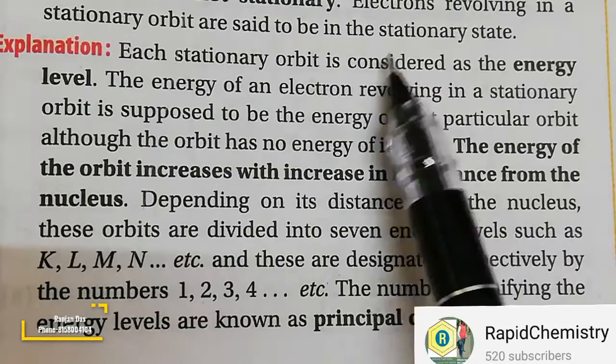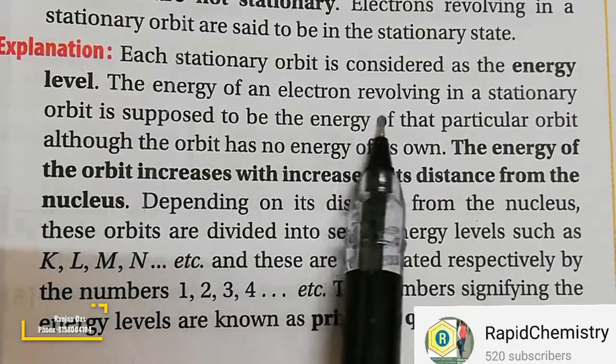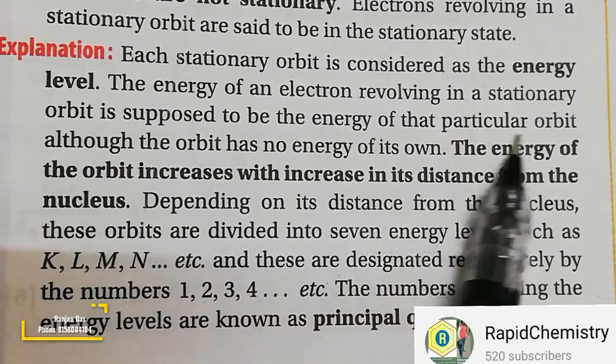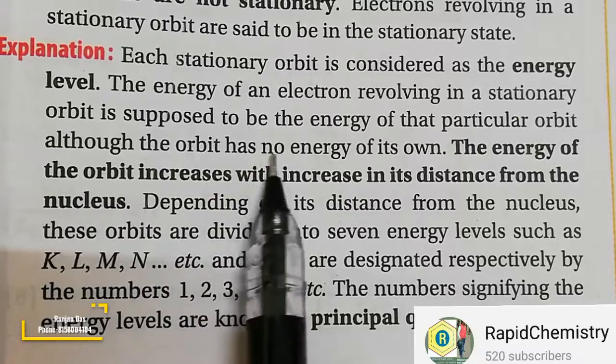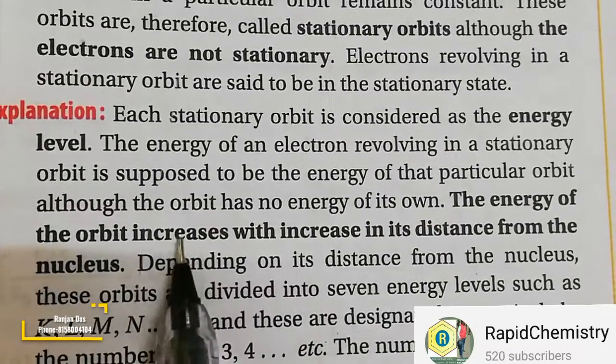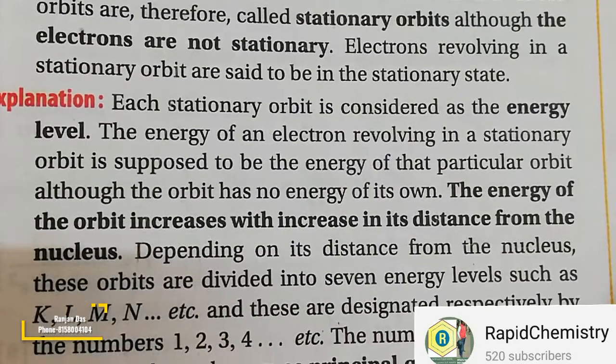Each stationary orbit is considered as an energy level. The energy of an electron revolving in a stationary orbit is supposed to be the energy of that particular orbit, although the orbit has no energy of its own. The energy of the orbit increases with increase in its distance from the nucleus.